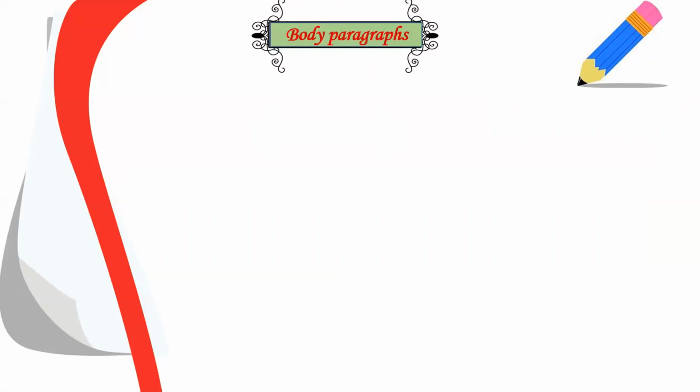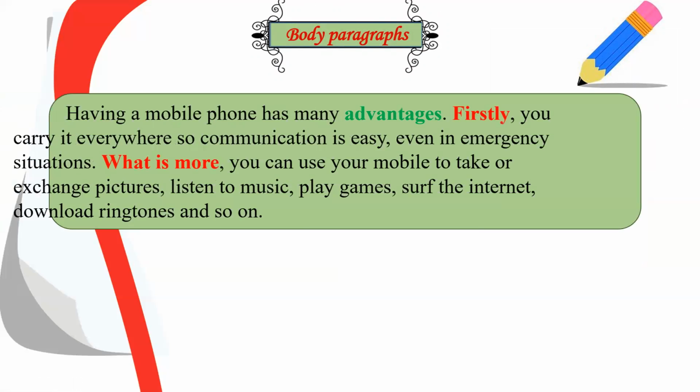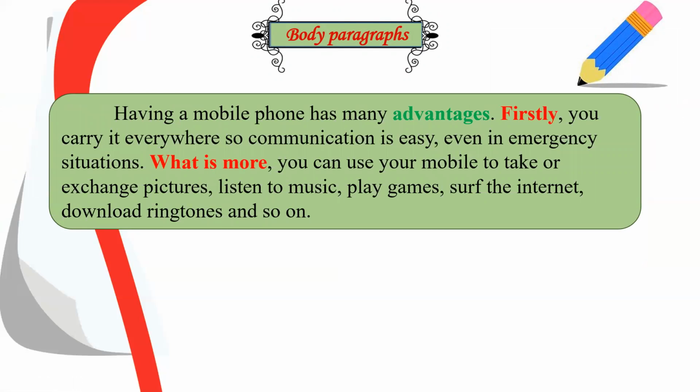Now, body paragraphs. Body paragraph number 1. Having a mobile phone has many advantages. Firstly, you carry it everywhere, so communication is easy, even in emergency situations. What is more, you can use your mobile to take or exchange pictures, listen to music, play games, surf the internet, download ringtones, and so on.